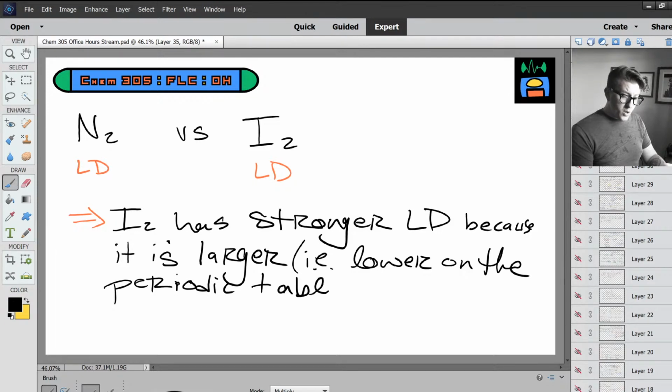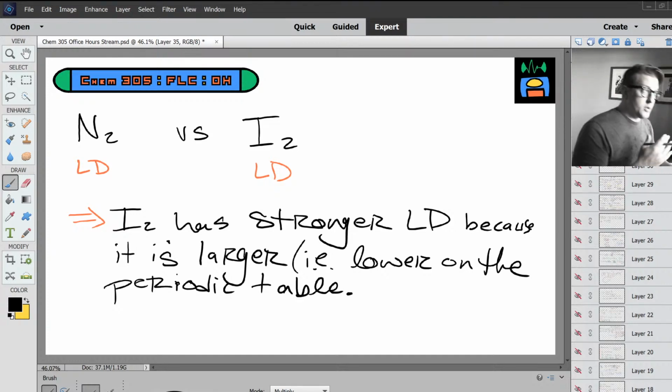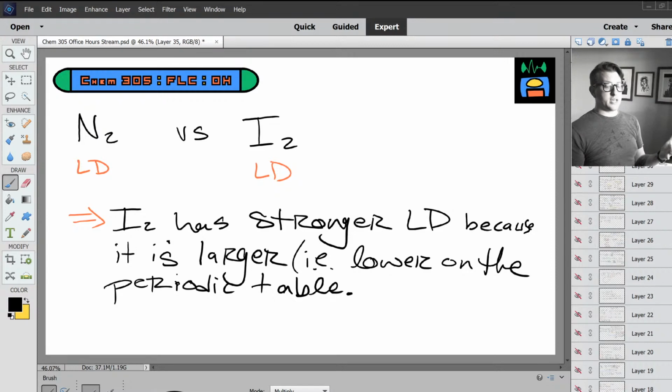Totally, Kate, you are welcome. The thing to remember here is London dispersion is the weakest dude out there, right? So you only look at stronger London dispersion forces if two things are tied. But if there's another intermolecular force, hydrogen bonding or dipole-dipole, those will trump. So whoever has hydrogen bonding, strongest intermolecular forces.